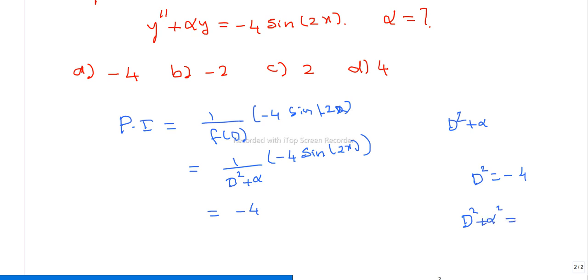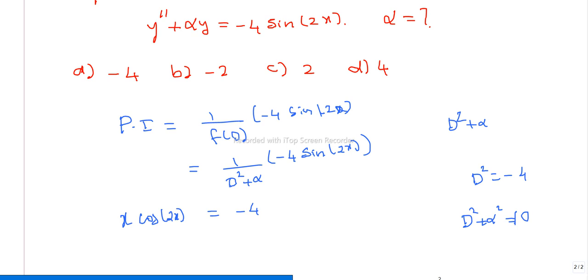So if D square plus alpha is 0, then you have to differentiate this, sin becomes cos, right? Because the particular solution is given as x into cos 2x. If the denominator is non-zero, then sin would not become cos.